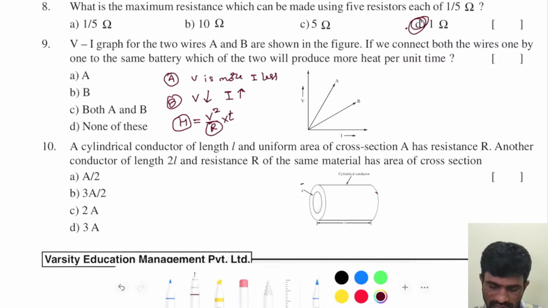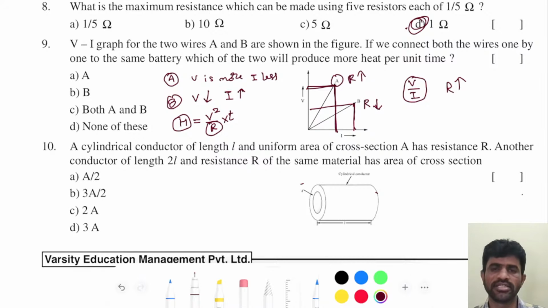In these two cases, whenever V by I is more, R will be more. For A, V by I is more, so the resistance of A is more because the voltage is more and the current is less. Whereas for B, R is less because the voltage is less and the current is more.